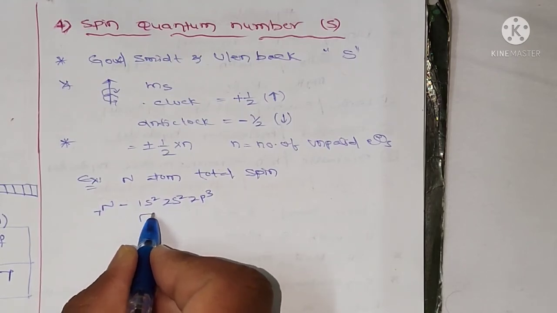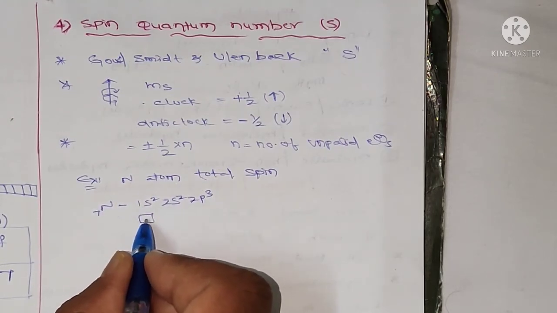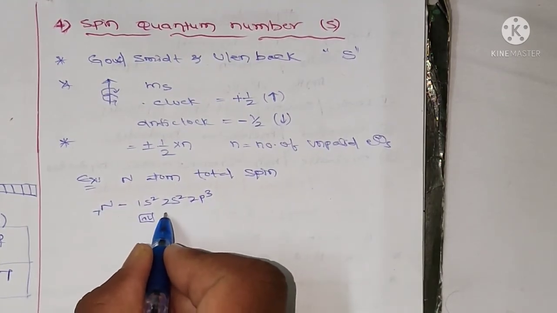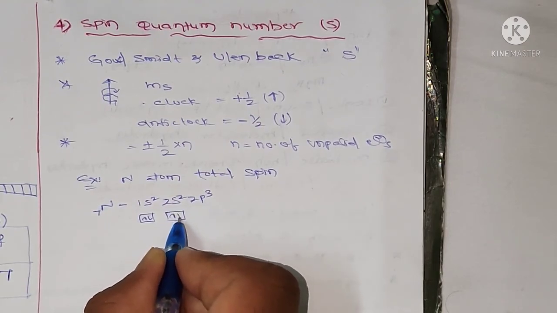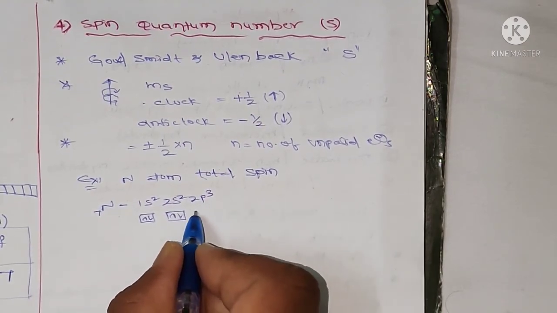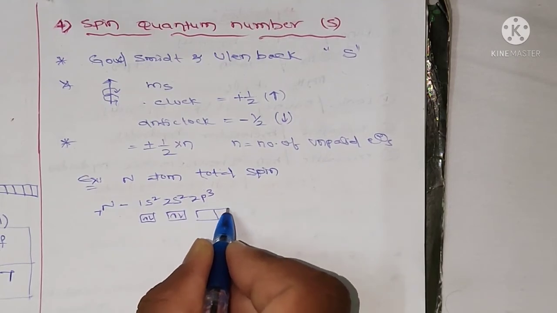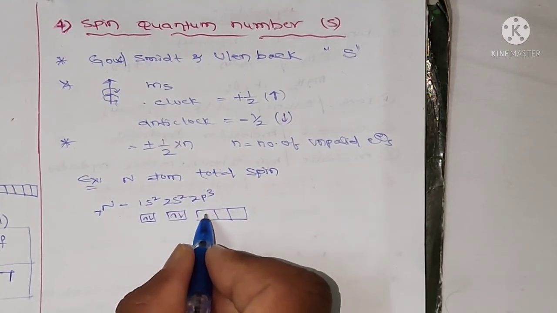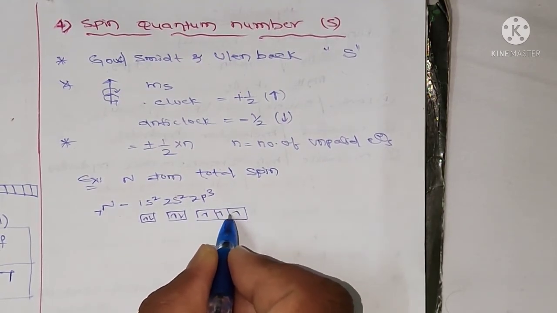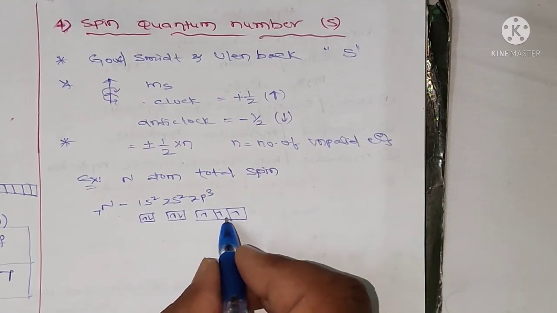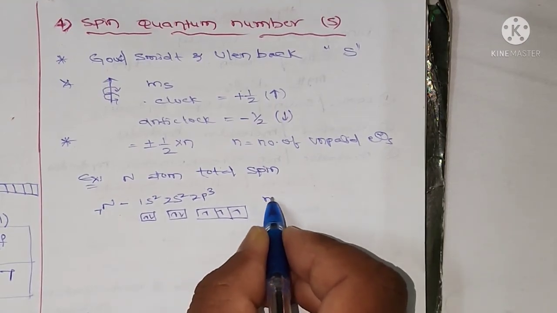So in the 1s orbital there are 2 electrons, in the 2s orbital 2 electrons, and in the 2p orbitals 3 electrons, and these 3 are unpaired electrons. So here n is equal to 3.